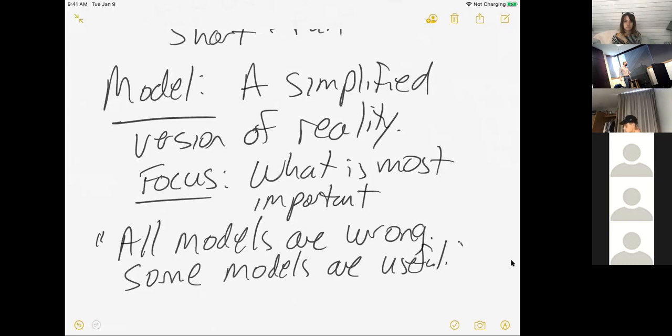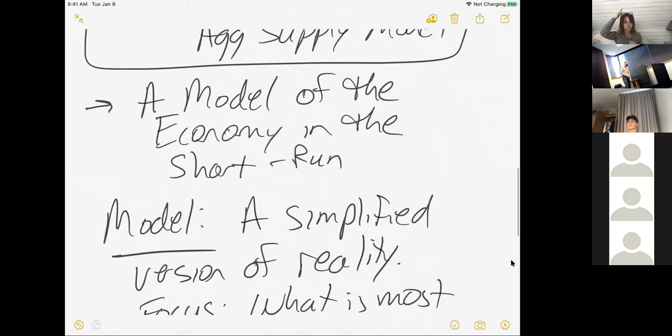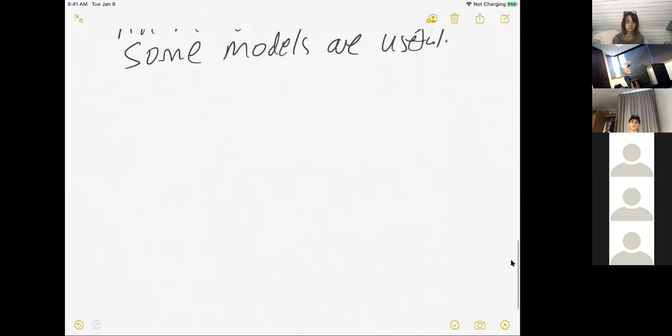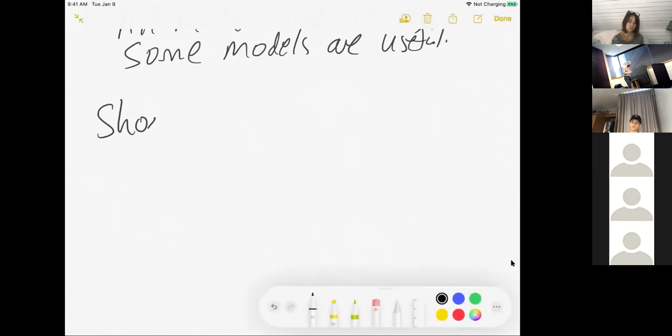Now, this is a model of specifically how the economy operates in the short run. Short run and long run. Those are going to be two phrases that I use a lot here.